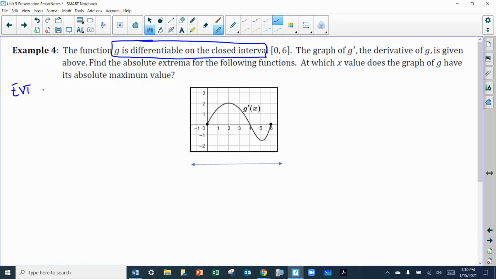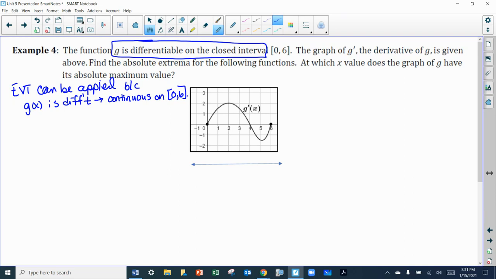EVT can be applied, because I checked it out: g of x is differentiable, which leads me to conclude it's continuous on the closed interval. So I know EVT applies.